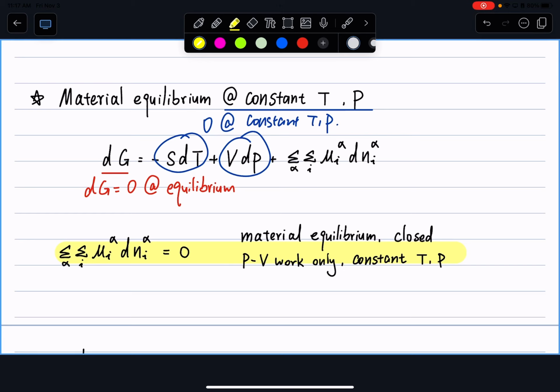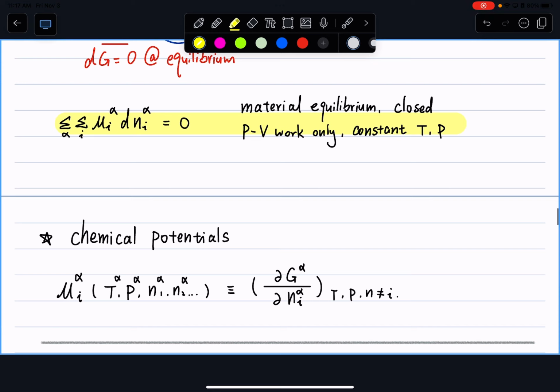All right, and before we move on, I just want to finally define our chemical potential again. In this kind of expression, this mu is the chemical potential. It is specific for substance I in phase alpha.